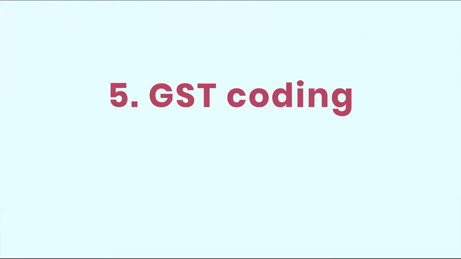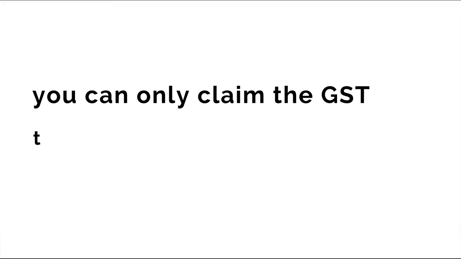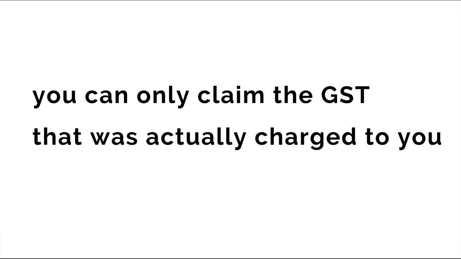The fifth common mistake relates to GST. Well, obviously, I'm currently talking about the Australian GST, but if you are in New Zealand or the UK or wherever in the world, the same logic applies to almost all value-added tax. The main principle is that you can only claim the GST that was actually charged to you. You are not allowed to claim GST on each and every purchase, especially not for those where there was no GST charged.